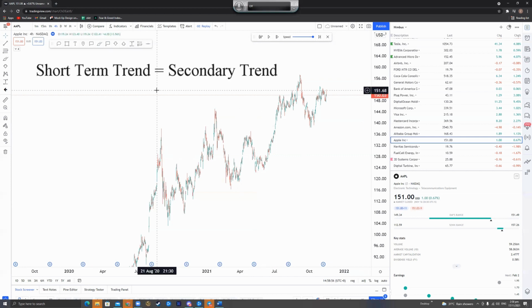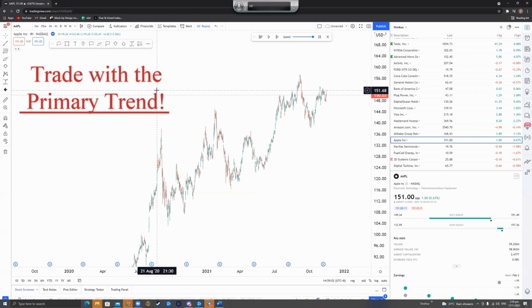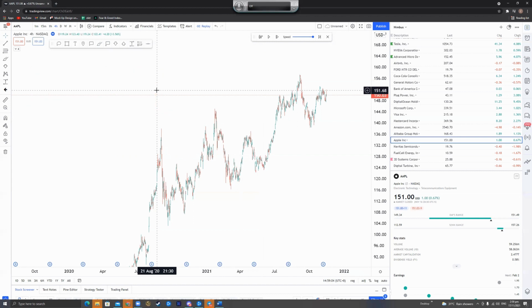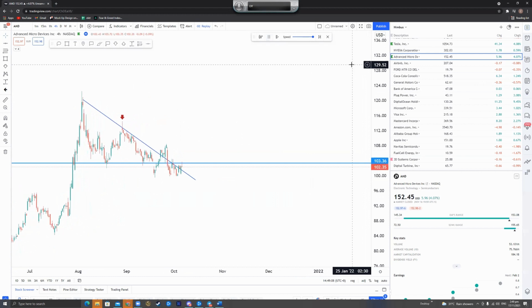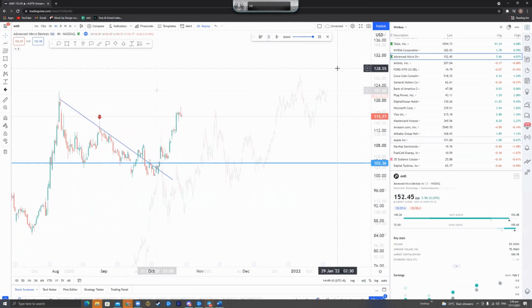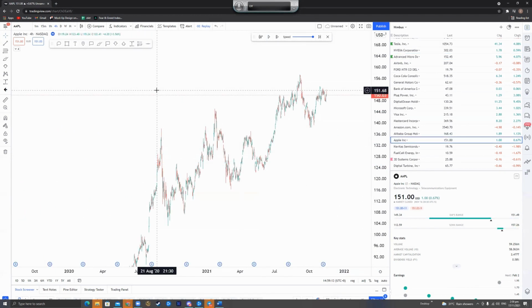Within the uptrend, you will find many short-term downtrends, and we will call this the secondary trend. As traders, we will always want to be trading with the primary trend. This is because a secondary downtrend lasts very short, and the windows for entry and exit are extremely narrow, so it is actually not worth trading those narrow time frames.